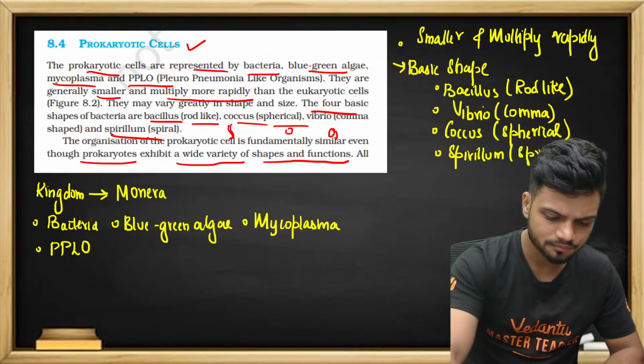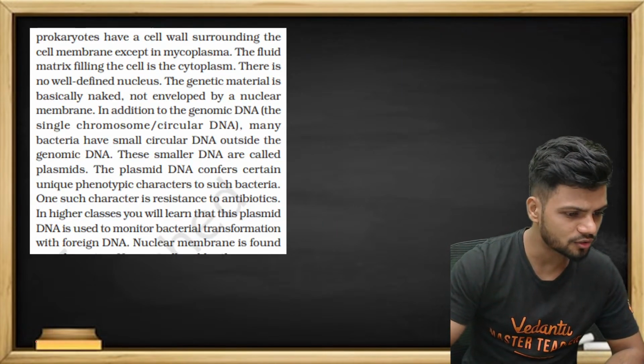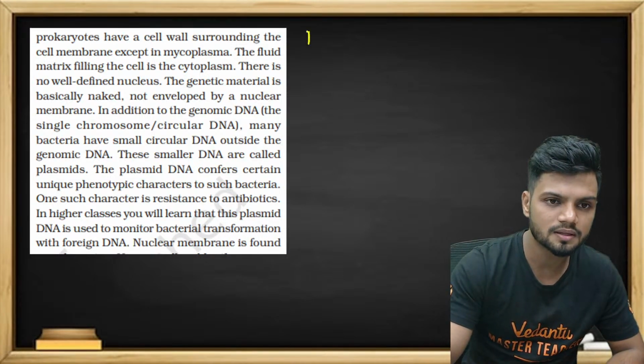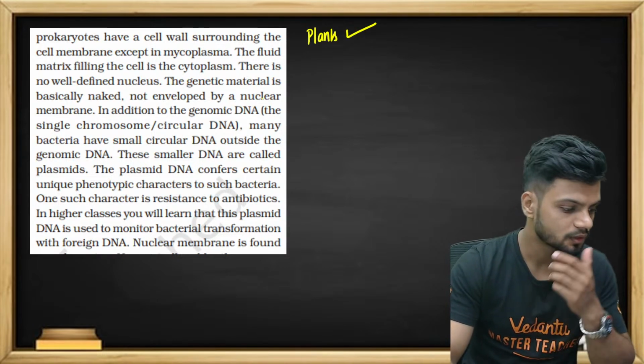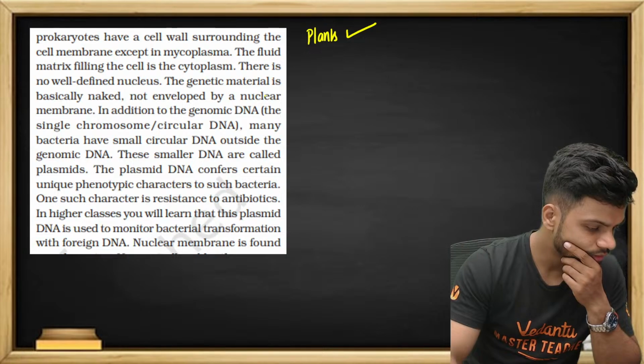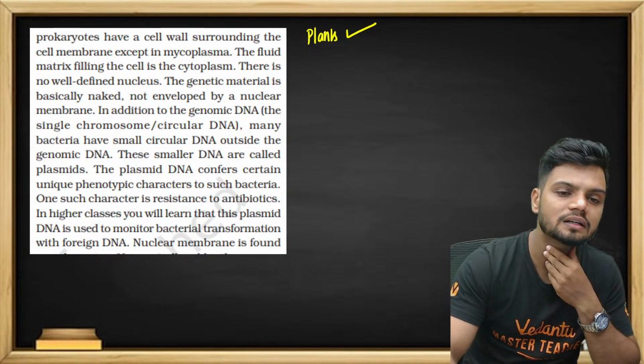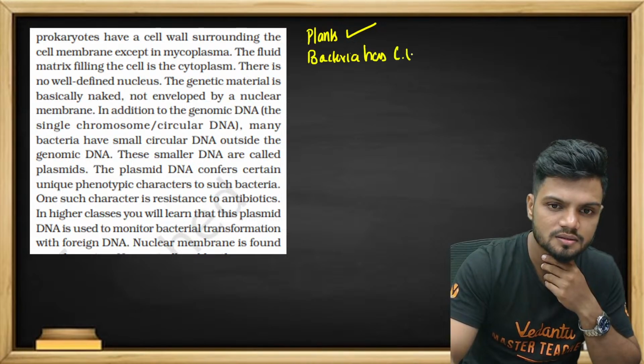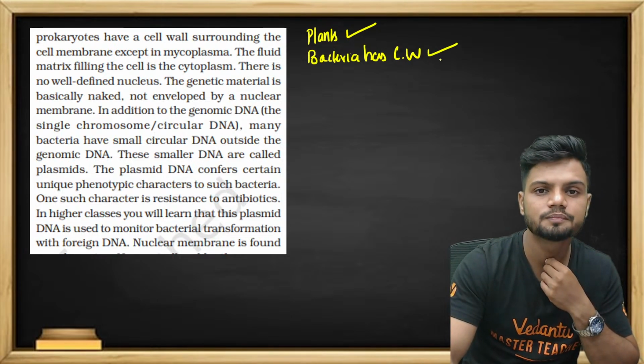Now, students, tell me first of all, do plants have cell wall? Yes. Plants have cell wall. What about cell wall in the case of bacteria? Do you think bacteria have cell wall? Yes, they have cell wall.